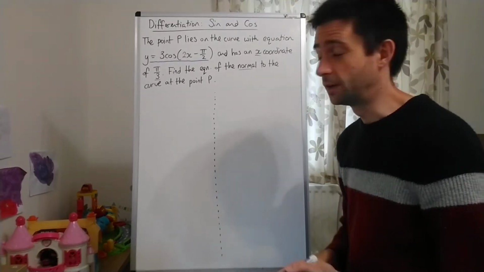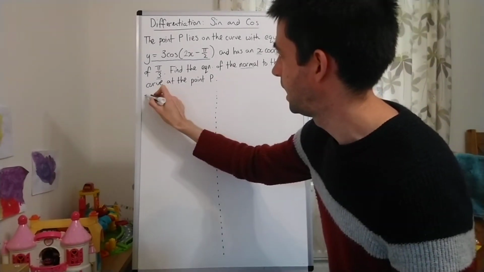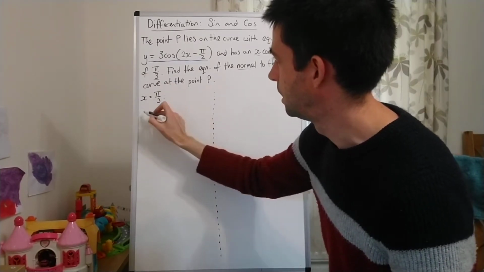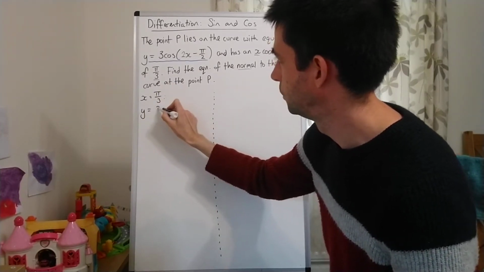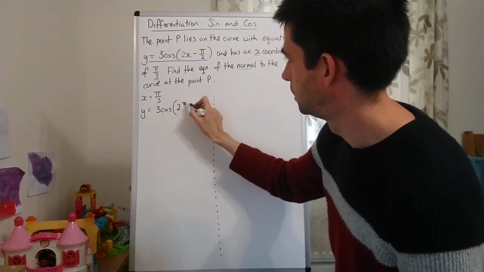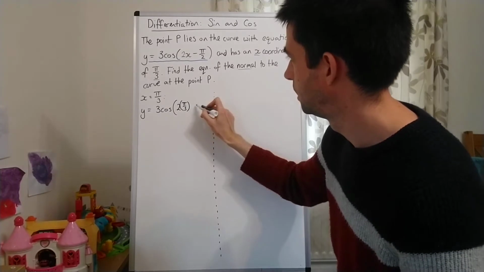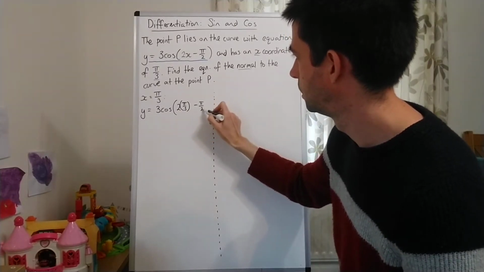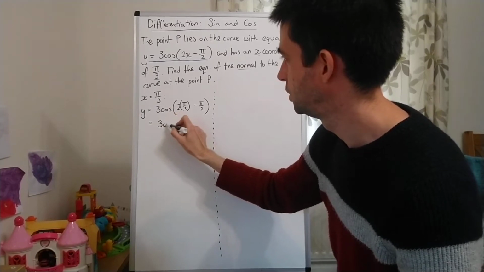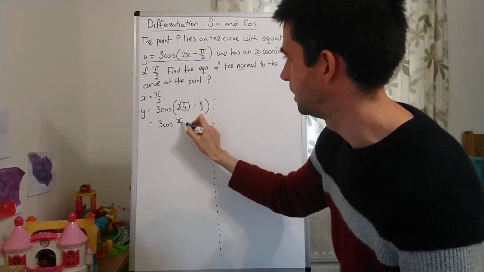So the first thing that we're going to do is say that x is pi over 3, and therefore y would be 3 cos of 2 lots of pi over 3 minus pi over 2, which is 3 cos of pi over 6.